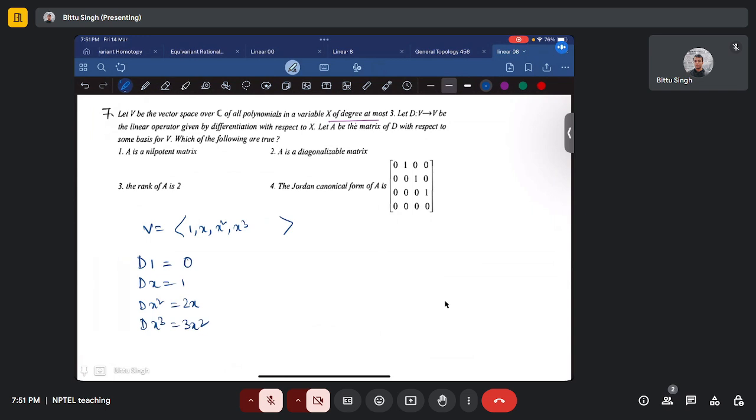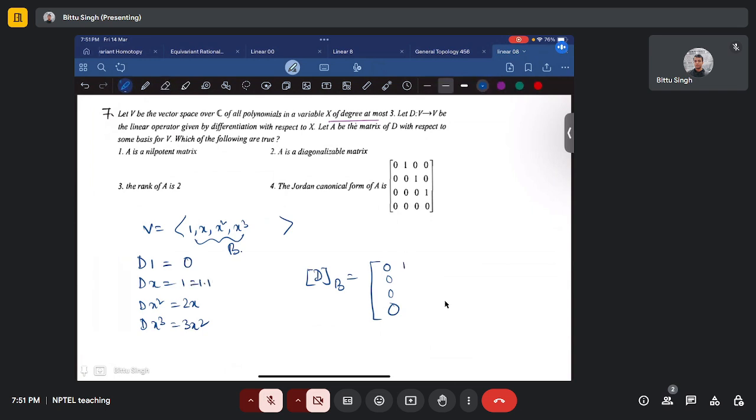So if we take this to be an ordered basis B, then with respect to this ordered basis, the matrix representation will be: D of 1 is 0, means it is just the 0 combination. D of x is 1, means it is just 1 times 1.